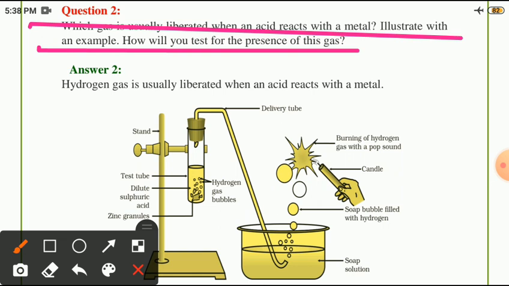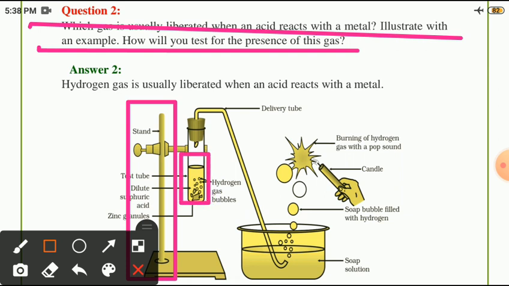Illustrate with an example. So for illustrating with the example, we have to discuss the activity which we have studied in the theory. Here for this activity we will take a stand and we will take the dilute sulfuric acid solution, nearby 5 ml dilute sulfuric acid solution in a test tube, and add a few pieces of zinc granules in this.